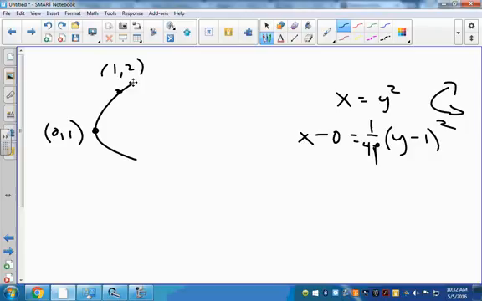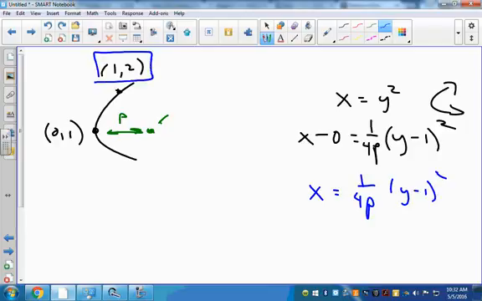Our task is to figure it out, because they don't tell us where the focus is. If they told us the focus and we knew that point, this distance is p, but they don't tell us that. All they tell us is the point 1, 2 is on the parabola. Right now we have x equals 1 over 4p times (y minus 1) squared, and this point has to fit in that equation.